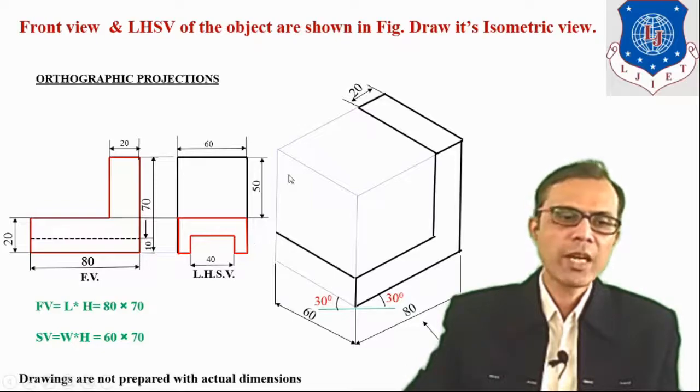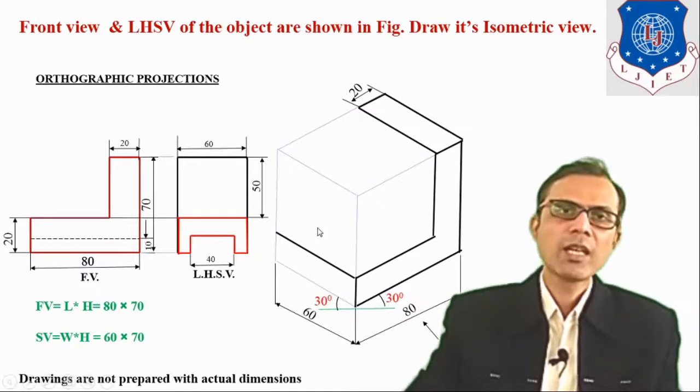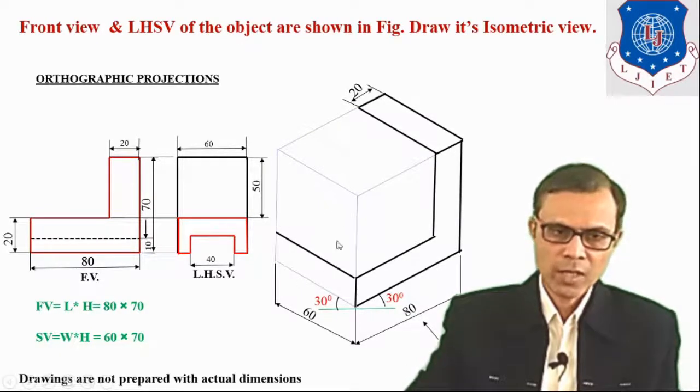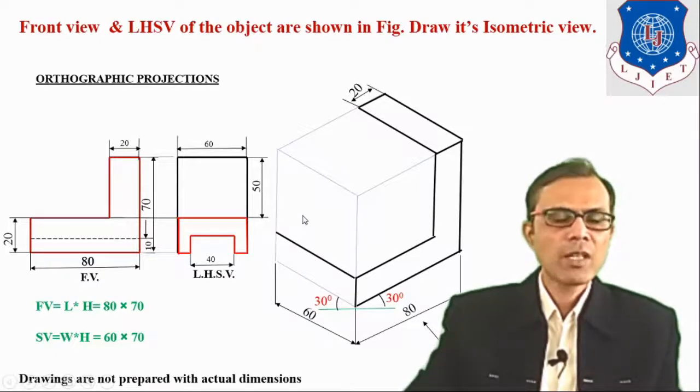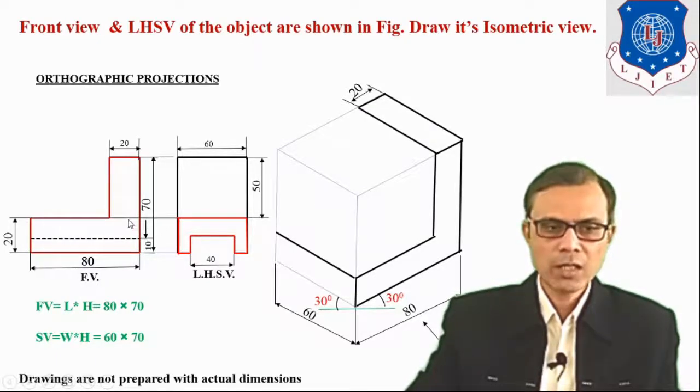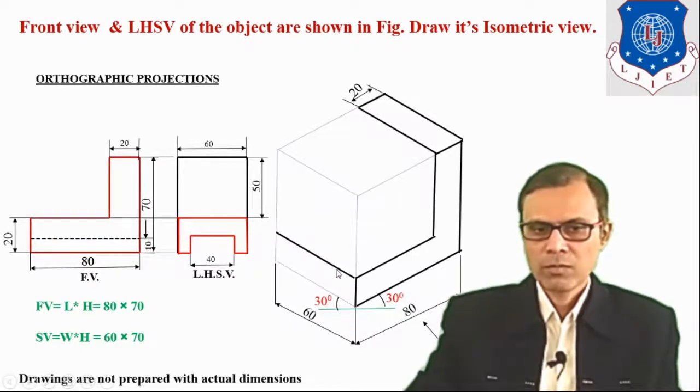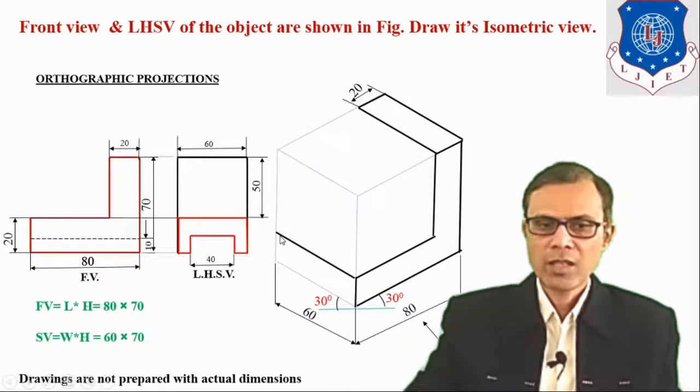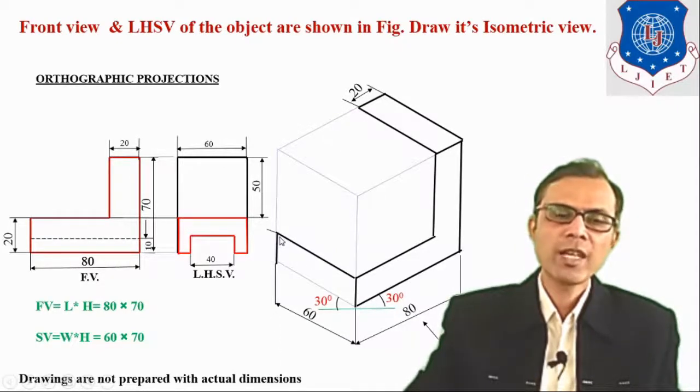For the left hand side view, it is a plane for the left hand side view. So here we have to draw the left hand side view. Here you can see it is a projection line, and from this point it is projected, and it looks like an inverted C shape. So from this point we have to draw the width 60 mm and height 20.